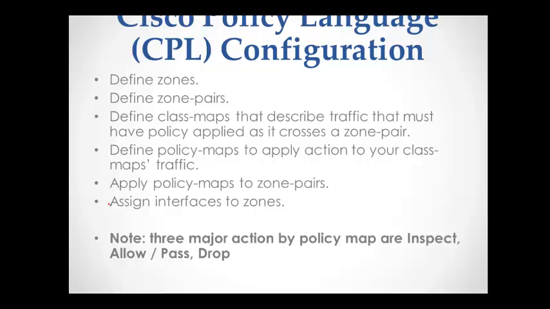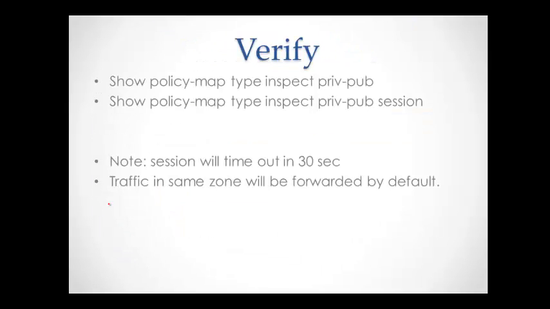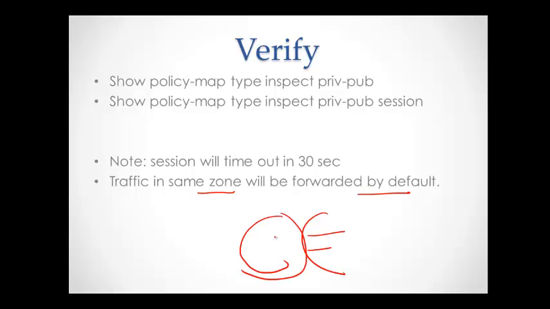So these are the steps that you need to remember. Before going to the steps, I would like to say something very important. Traffic in the same zone will be forwarded by default. Very important. See, you have two interfaces on the outside, and there's a router, and this is inside. Two interfaces or three interfaces, all these are in the same zone.